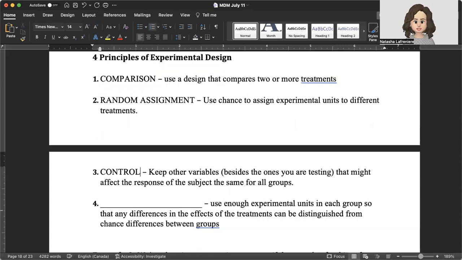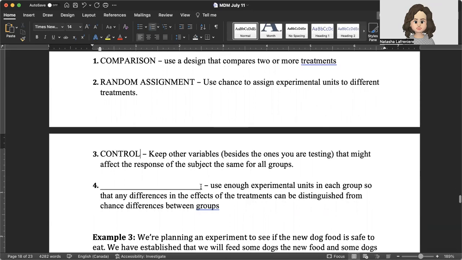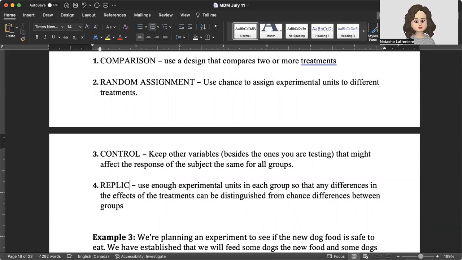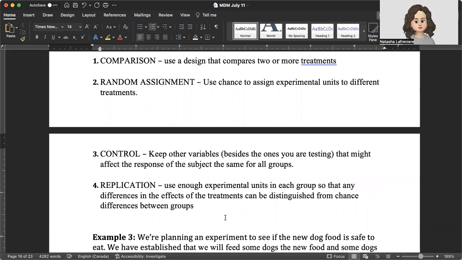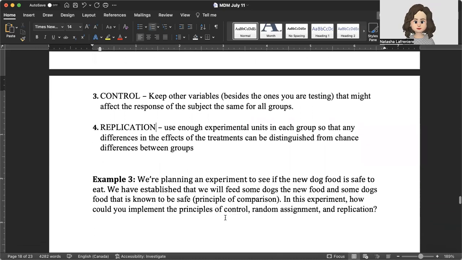So keep other variables besides the one you're testing that might affect the response of the subject the same for all groups. And last, we have replication. Use enough experimental units in each group so that any difference in the effects of the treatment can be distinguished from chance differences between groups.